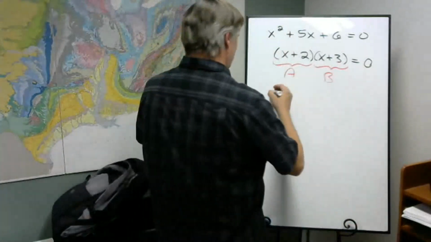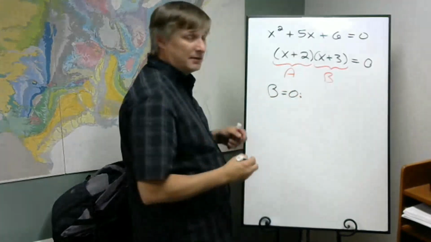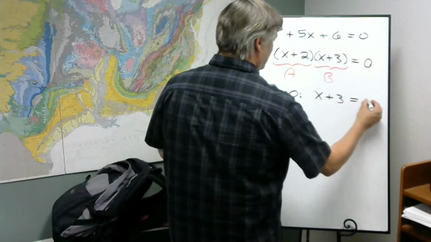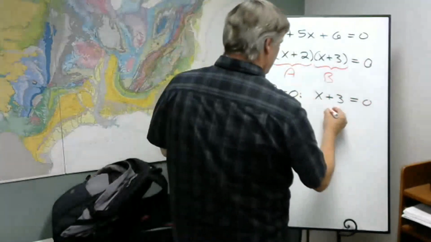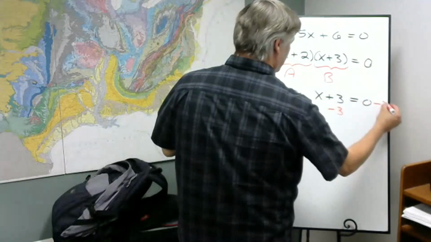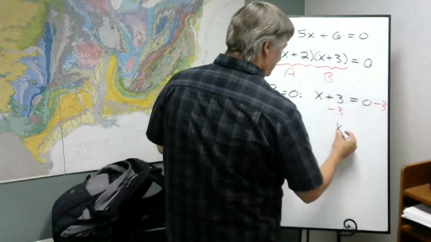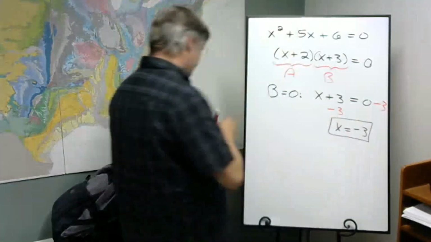B. This means x plus 3 is equal to 0. Or subtract 3. x is negative 3.